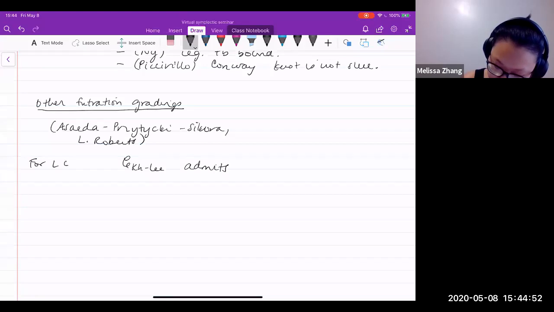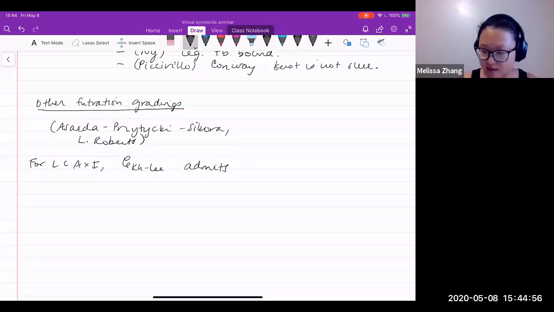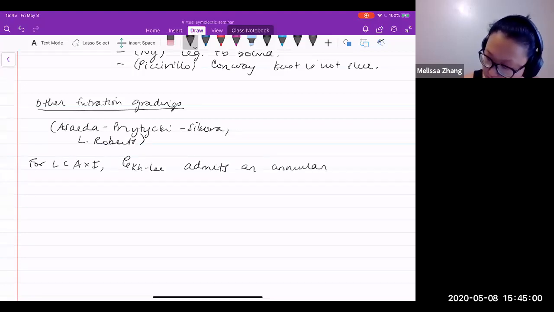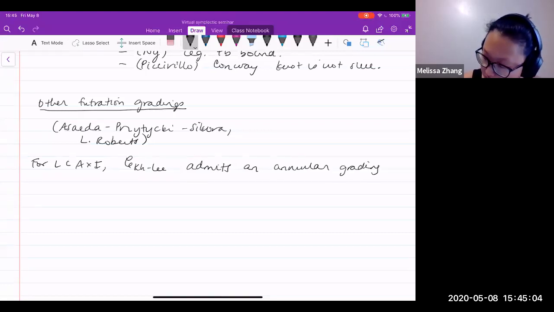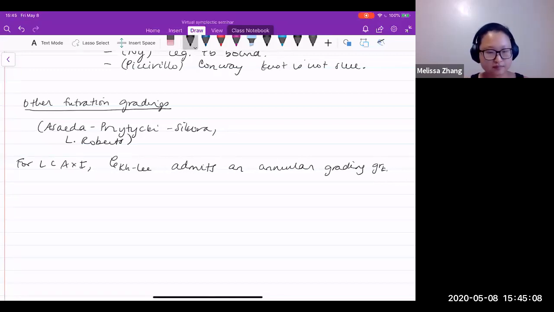So for a link inside annulus cross I, the complex admits another grading. And this grading is what is now known as the k grading.